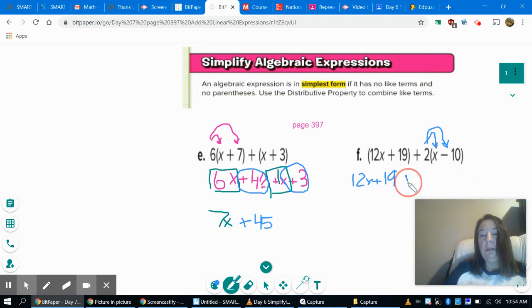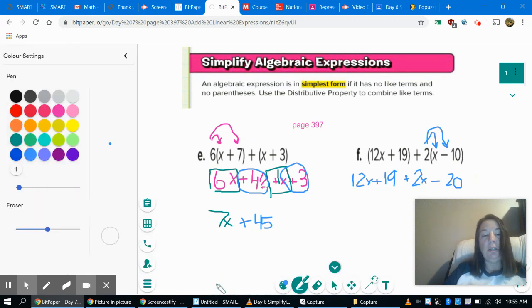So I need to use the distributive property. So I'm going to bring that plus down. 2 times x is 2x. Bring down my subtraction. 2 times 10, since I have 2 copies of 10, is 20. So I now have 12x plus 19 plus 2x minus 20.